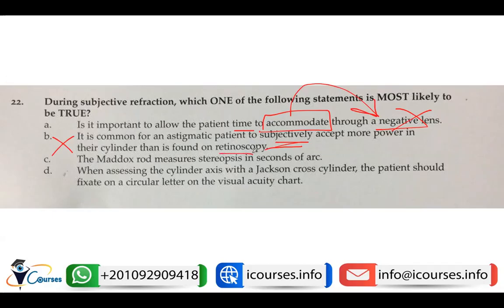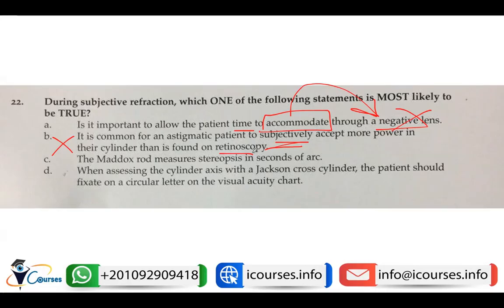Actually, the patient can sometimes accept more power in the sphere, because during retinoscopy we are eliminating the effect of accommodation. So it is not uncommon for patients during subjective refraction to accept more power in the sphere. That's why we do this verification in the end.